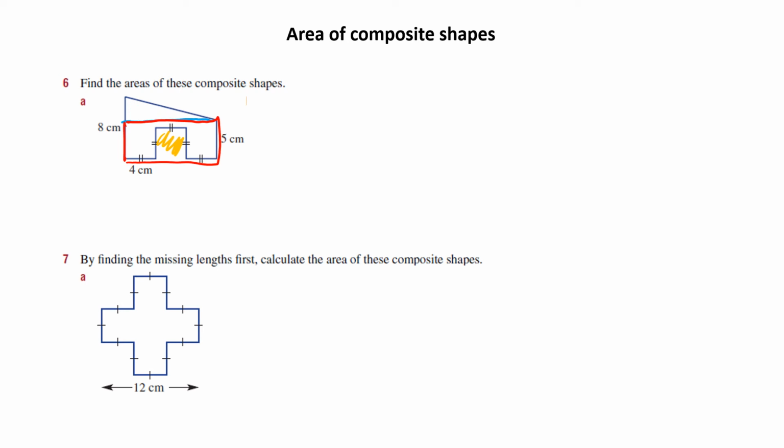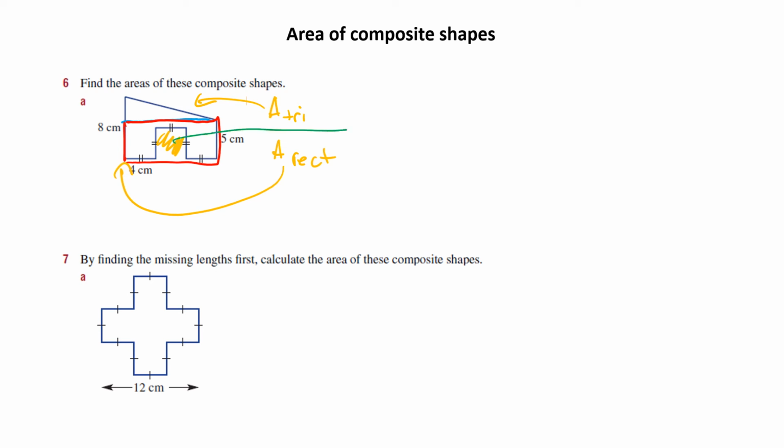Okay, so basically you would have area of a triangle, which you'd get from that, area of a rectangle, which is that sort of red highlighted part. I should have color coded this better.